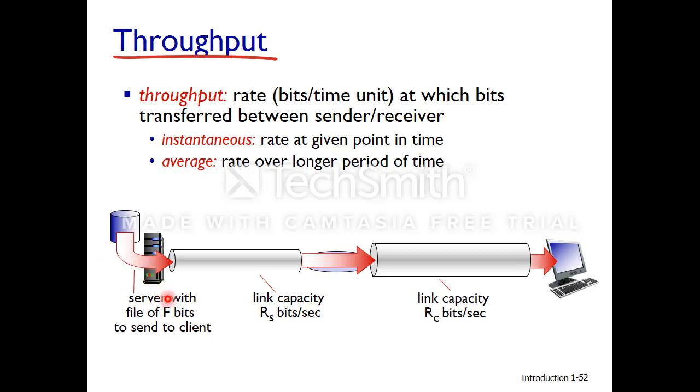So say we have a server with a file of length F bits that is going to be served to a client, and the server is connected to some intermediate router with a link of capacity R_s bits per second, and then the intermediate router is connected to the client by some link of capacity R_c bits per second.